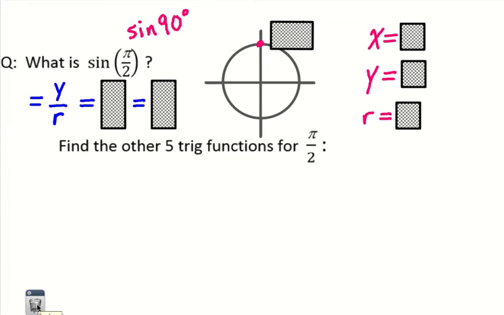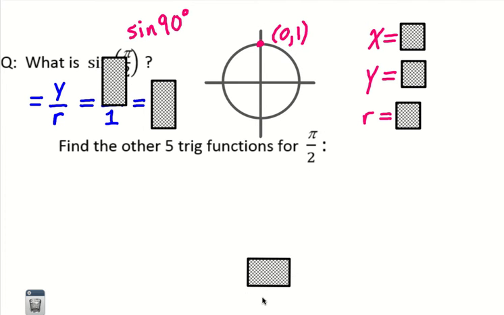So we need an r value, and we're using the unit circle here, so r is 1. But what is the y-coordinate if we're working with 90 degrees? Here's the point on the unit circle that corresponds to the angle 90 degrees. Do you remember the coordinates here? 0, 1.